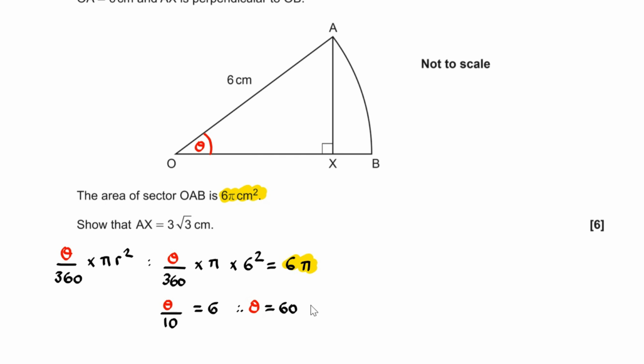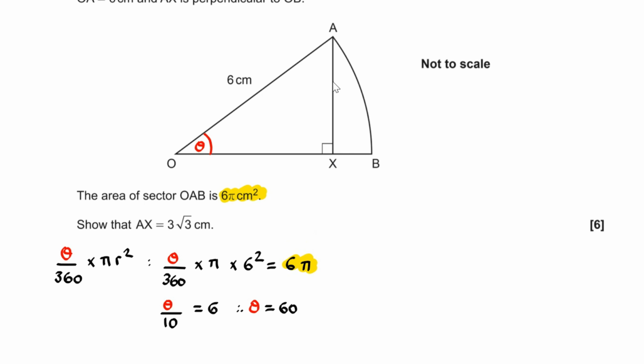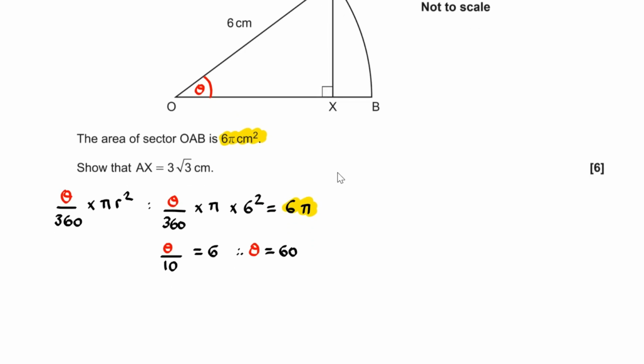How does this help us? Well, we need to find out what AX is. And we can do this using trigonometry. So, here is the hypotenuse, here is AX, that is the opposite. So we've got the sine of 60 equaling opposite, which is AX, over the hypotenuse, which is 6.